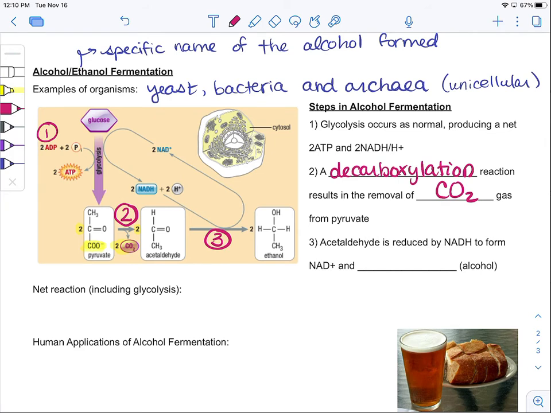And what happens in step 3, this acetaldehyde, which is an intermediate product, is going to be reduced by NADH to form NAD+, and as well ethanol. So ethanol is that last product that you see at the very end there. And here's where I really wanted to reinforce something that I was talking about earlier.